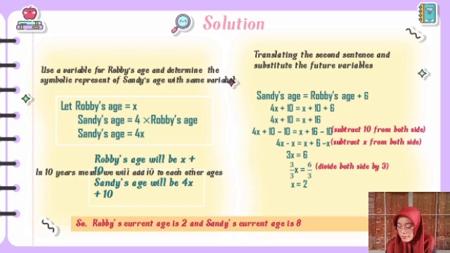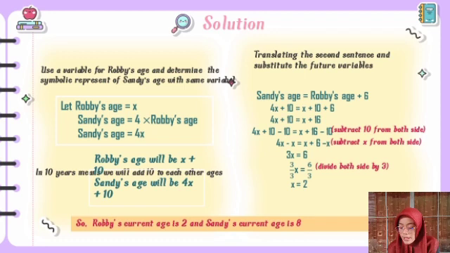Subtract x from both sides. 4x minus x equals x plus 6 minus x.